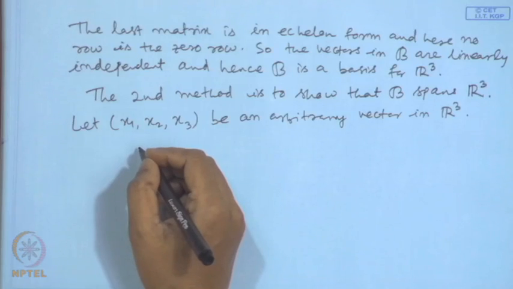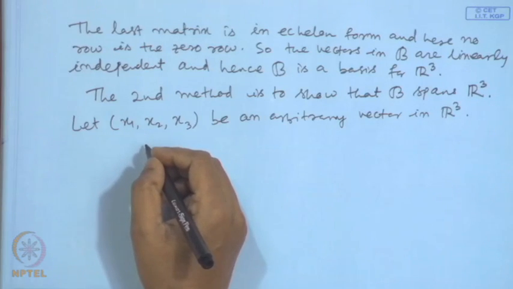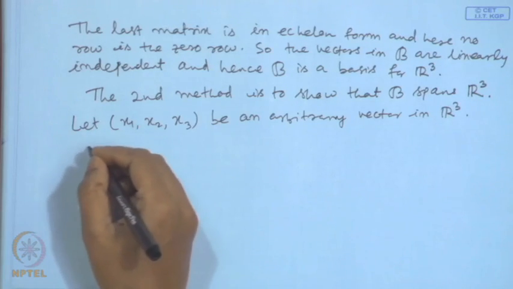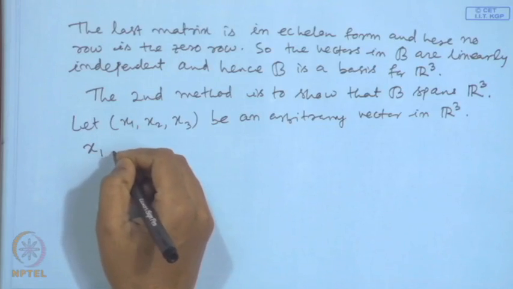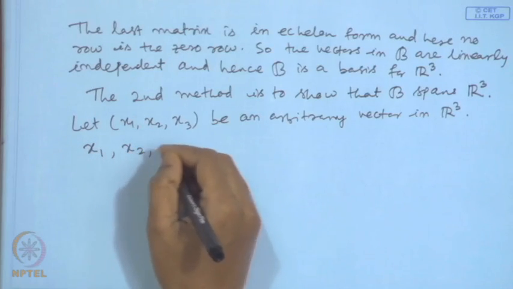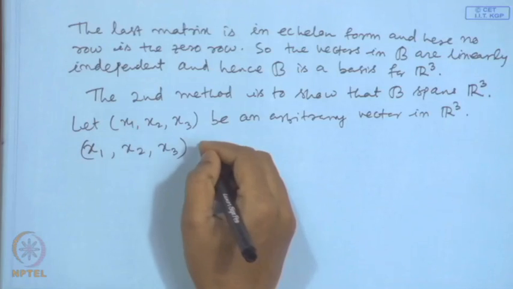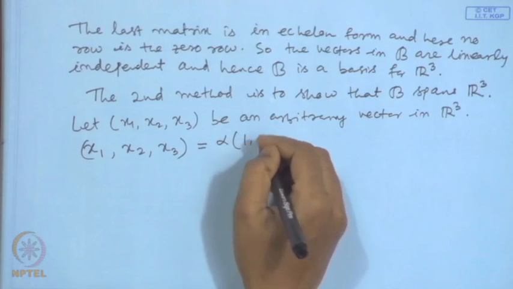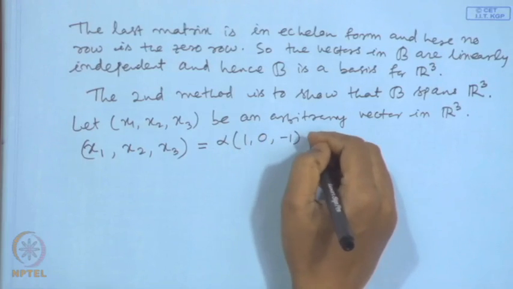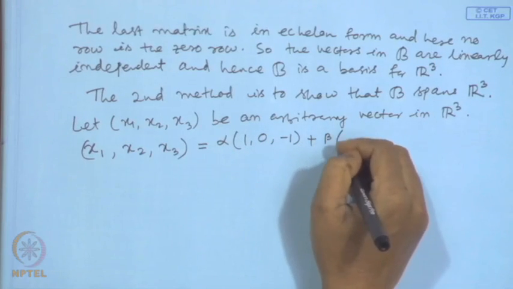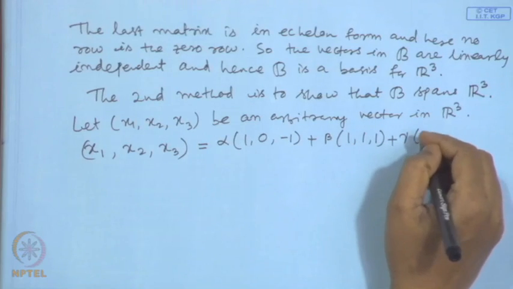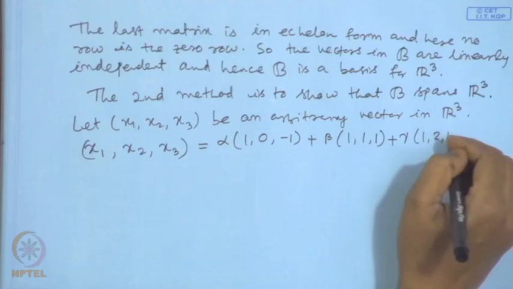We shall write this arbitrary vector as a linear combination of vectors in B. So, let us write x 1, x 2, x 3 as alpha times 1 0 minus 1 plus beta times 1 1 1 plus gamma times 1 2 4.